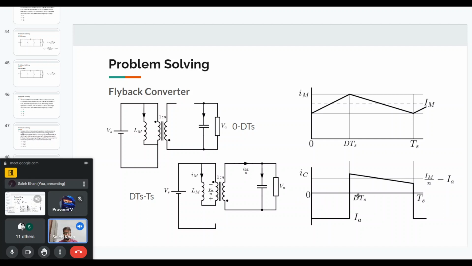So that means the charge that is coming in is the same as the charge that is coming out. And from the current waveform, we can find the charge, which is basically the integral of this current, or the area that is bound by one region.